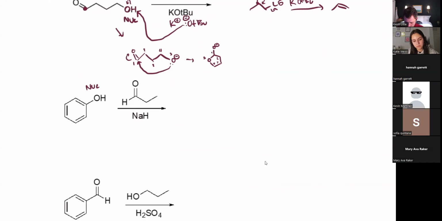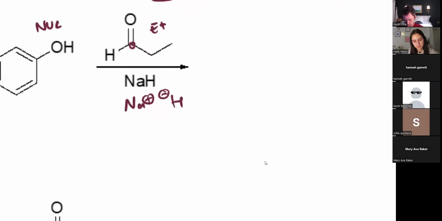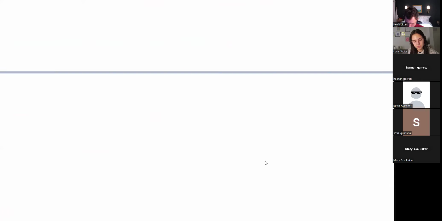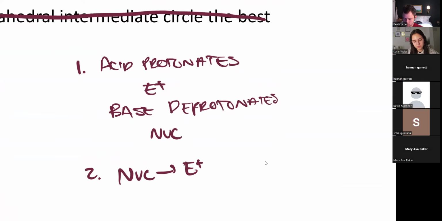All right. This is my nucleophile. This is my electrophile. Again, I'm not going to give you any acid bases that you really haven't seen before. So recognize that sodium hydride is on the list of things to know, and it's a base. So step one is base deprotonates nucleophile.